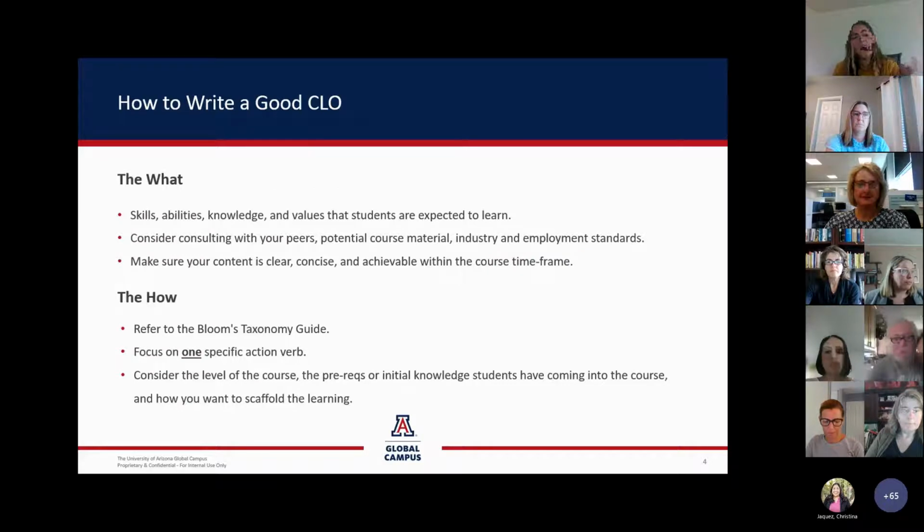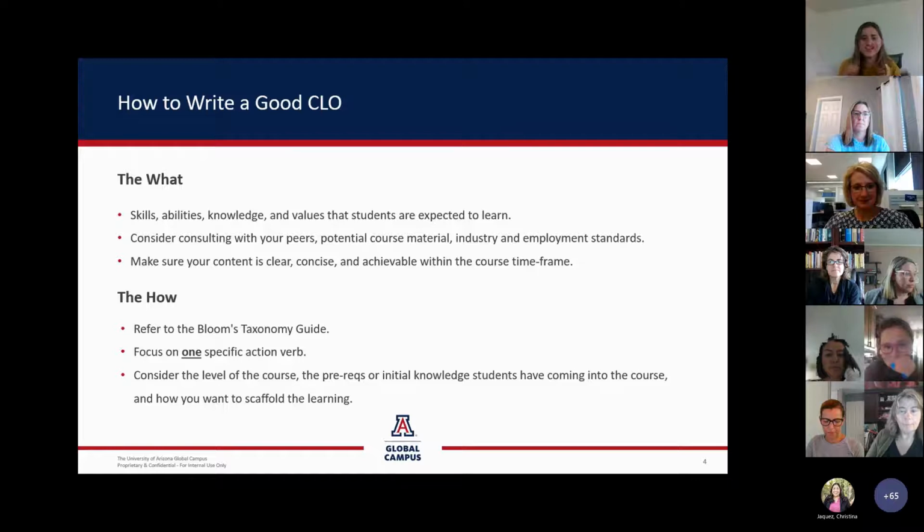So just a little bit more information on the what. So the what is going to be those skills, abilities, knowledge that you want the students to learn once they've successfully completed your course. And some ways to do that is consulting with peers, looking at industry standards, looking at changes within an industry, and really making sure that that content is clear, concise, and achievable within a course time frame.